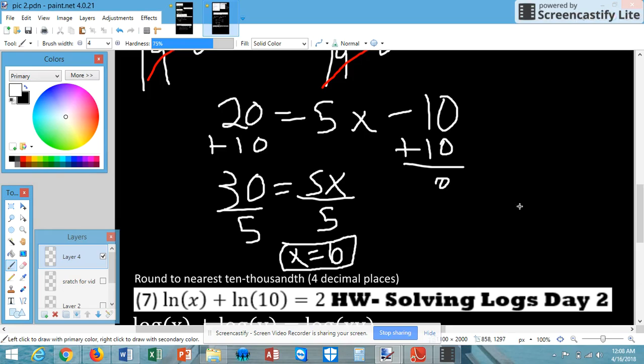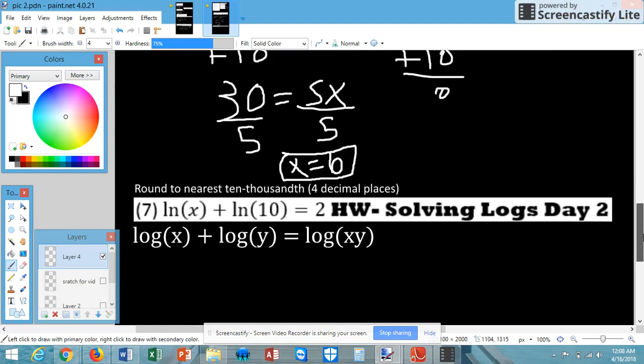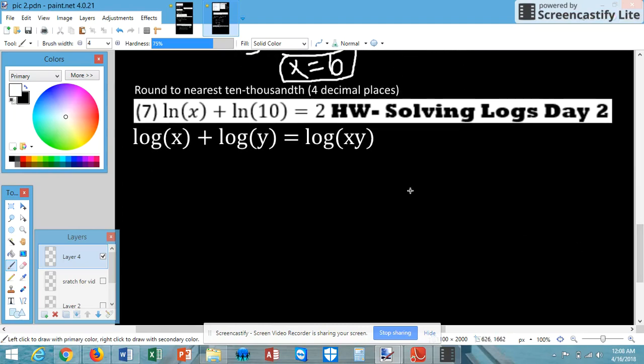Now go ahead and turn to your homework solving logs day 2. This is when we're going to use a calculator after doing this. So first, if you recall from your foldable notes, first we need to condense this down. So recall that log x plus log y is the same thing as log of x times y. So that means that ln x plus ln 10 is the same thing as ln 10 times x.